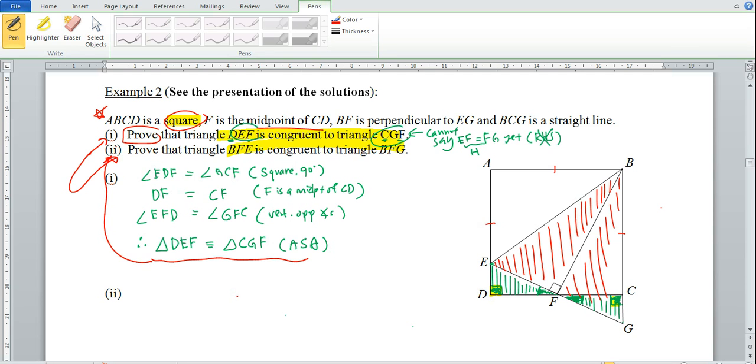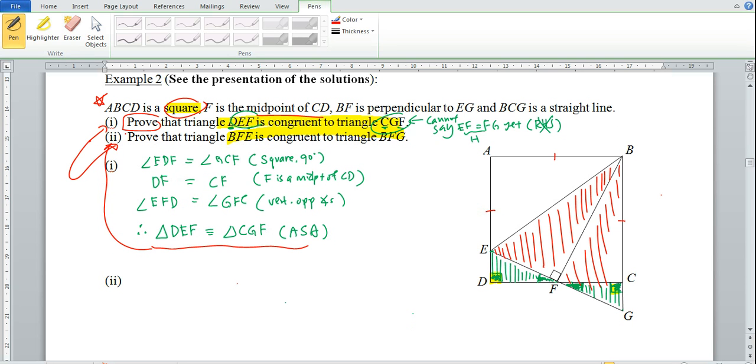So over here, let's figure out first which test we're going to use. We have a perpendicular clue that we haven't used. So there is something about this perpendicular that I can use about these two triangles.